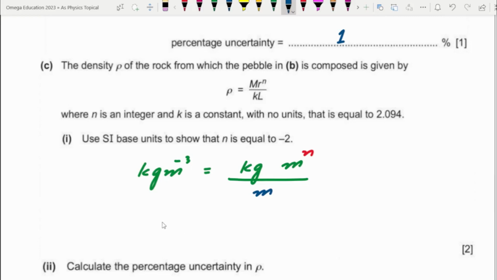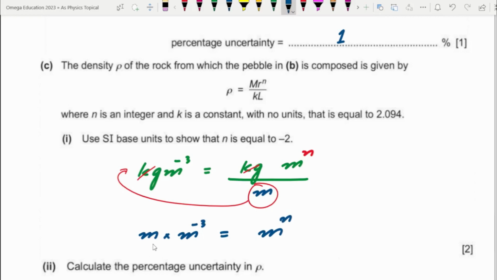So what do we do from here? Some cancellation, like kilograms cancelled out by kilograms. This meters would be shifted to the other side, it would be multiplied, so we get meters into m raised to the power negative 3 equals m raised to the power n.